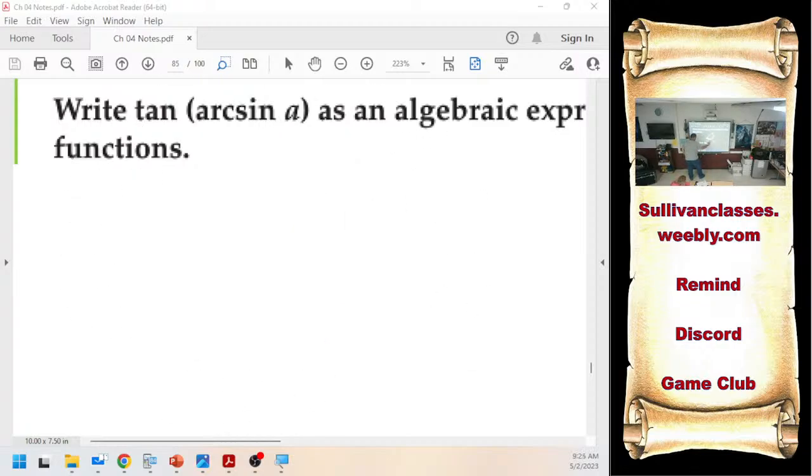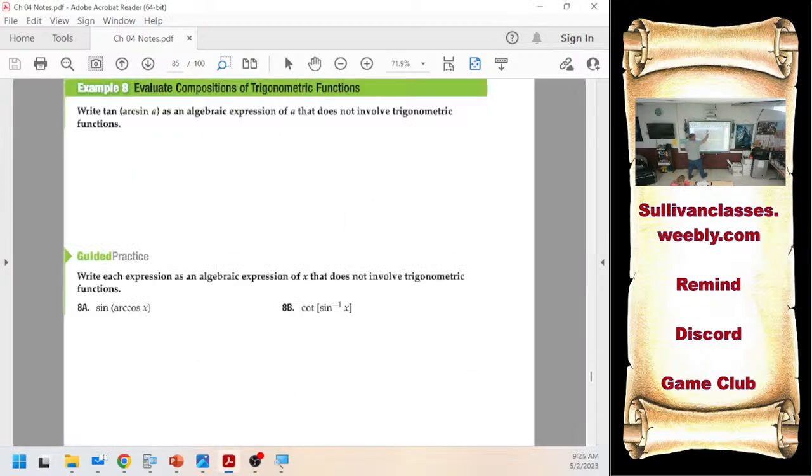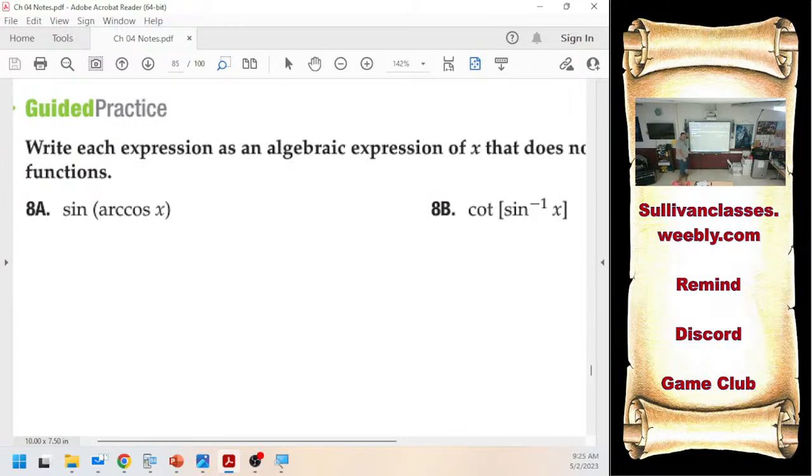So this is opening the gates, okay? You are ready for trig now. Almost. We're going to do law of sines and cosines again. When you go over to trig, you should now be able to start working with trig identities, where you can start replacing expressions with algebraic expressions.